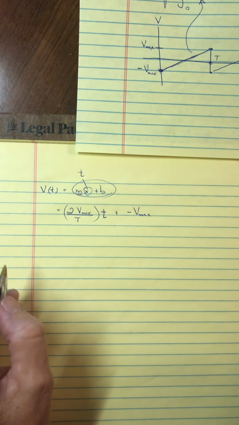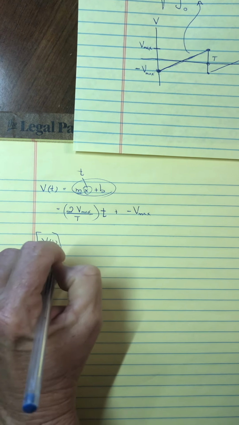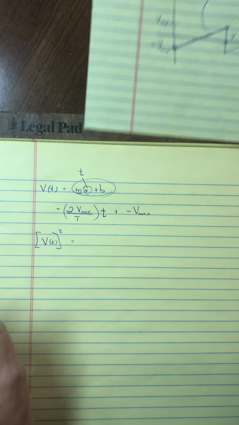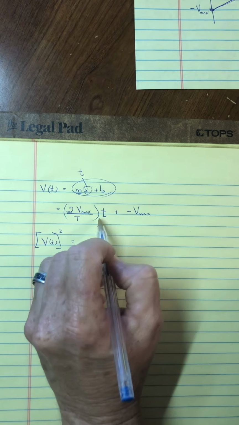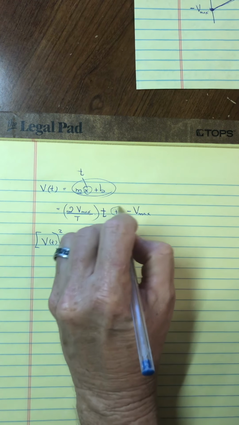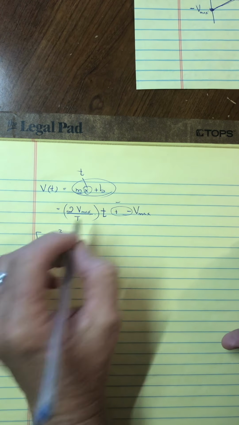Okay, so now if we want to take this velocity as a function of time and square it, if you think of this as a, minus b, you will get a squared.